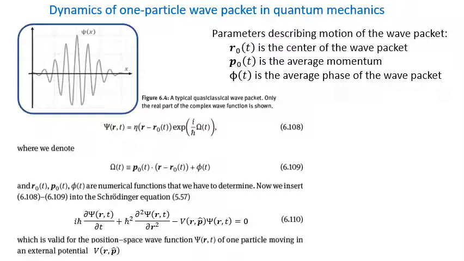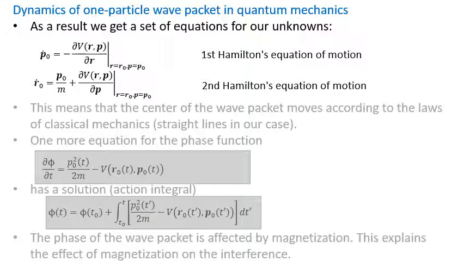Next, we substitute this ansatz in the Schrödinger equation and obtain a set of 3 equations for our parameters. In the first one, we recognize the first Hamilton's equation of motion expressing the time derivative of momentum.